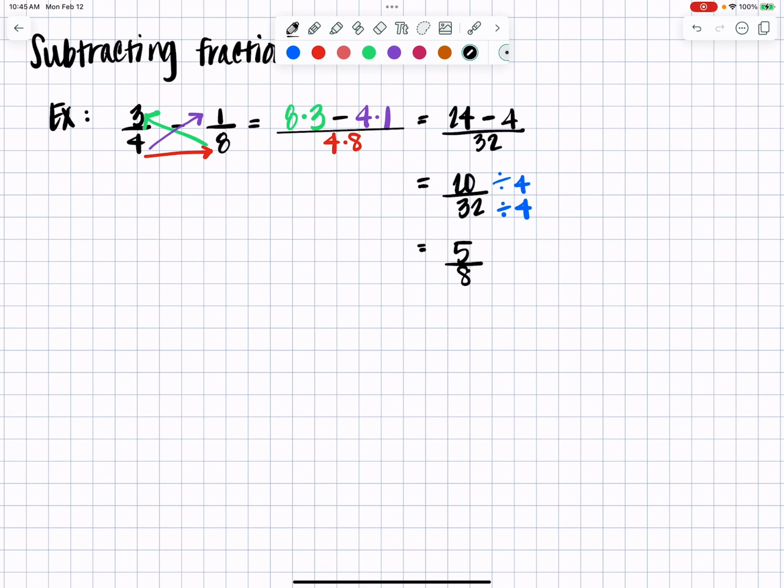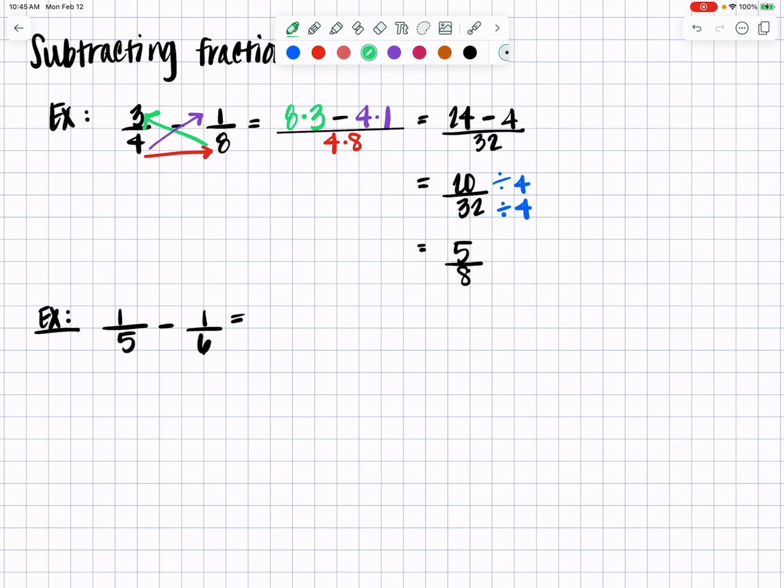So let's try another one. How about 1/5 minus 1/6? I have different denominators. It doesn't matter. We're going to do crisscross, straight across.